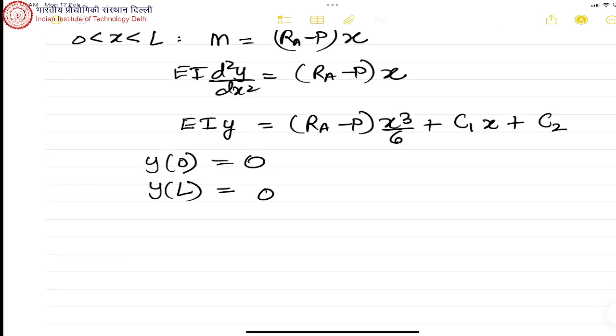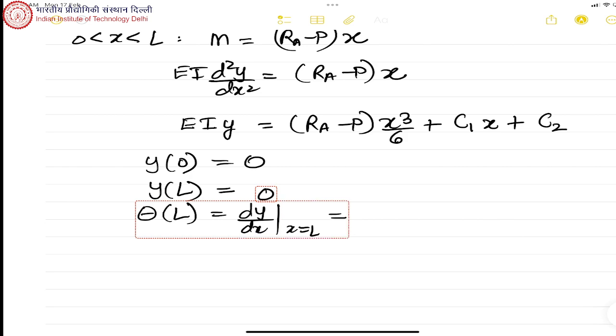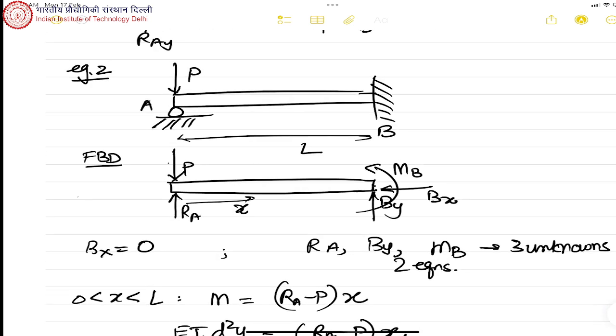And what is the slope at x is equal to L? That's a fixed end. So what will be the slope there? What is the slope at end B? It will be 0.